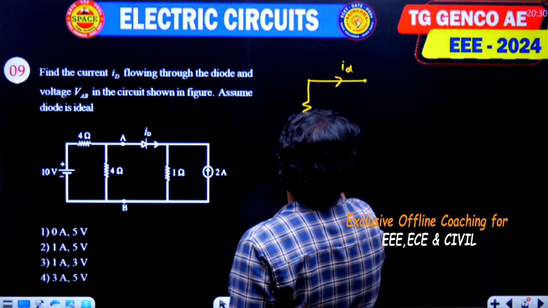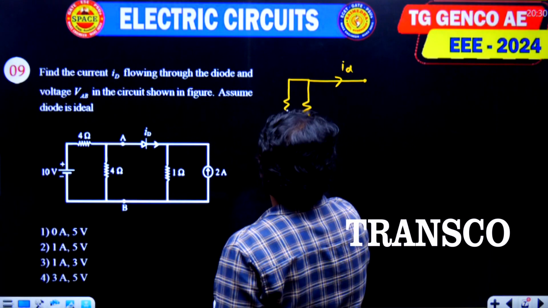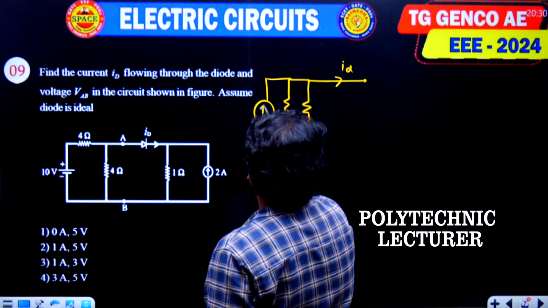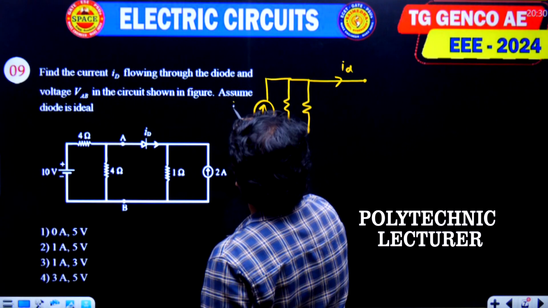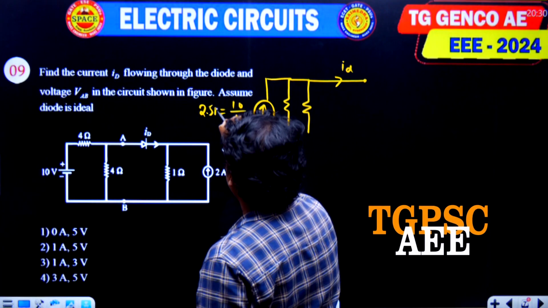This resistance is 4, and I am applying source transformation here. So now this current is equal to 10 by 4, which is equal to 2.5 amps.